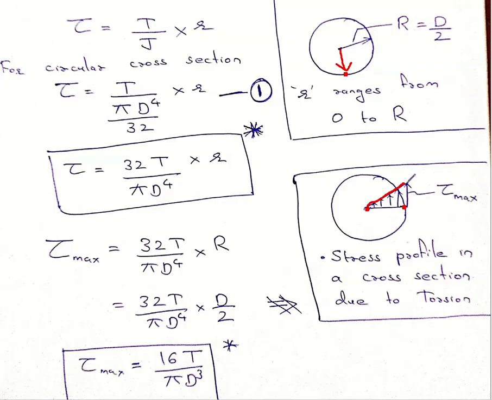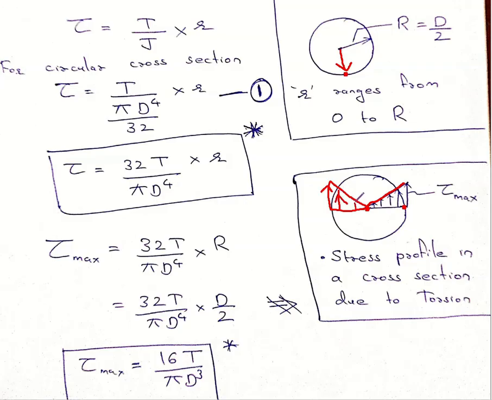It is given as tau max. So that is the stress profile in a cross section due to torsion. In a cross section, I can draw another radial line like this, and then I can draw the stress profile like this. You can mark the arrows here. Any radial line you draw, the stress profile looks like this.